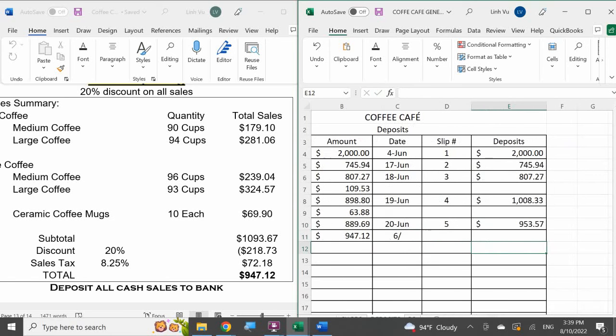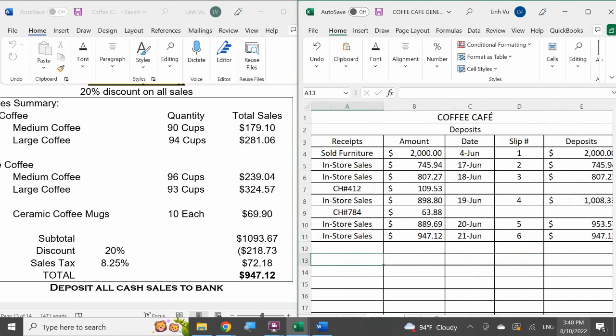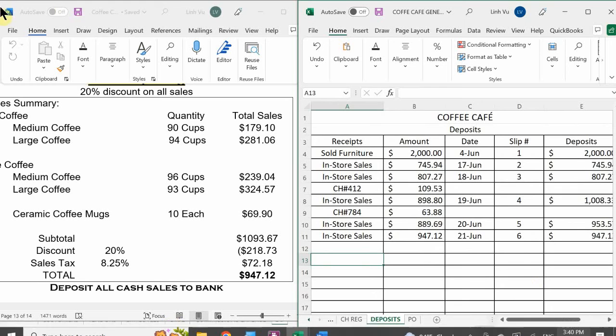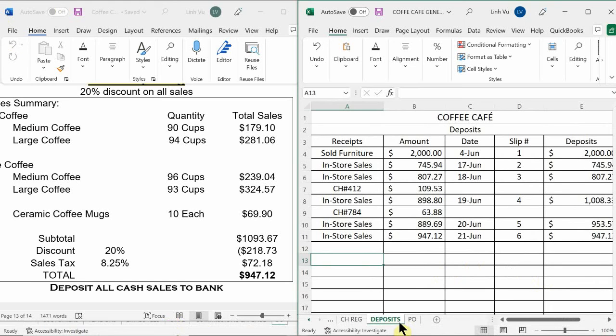And slip number 6 for the total of 947.12. And then we move on to the general ledger.